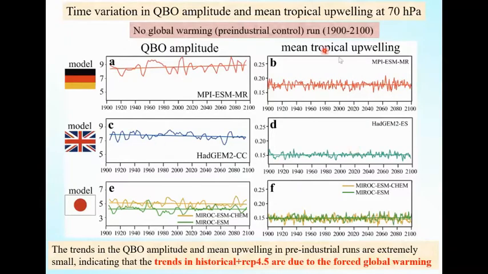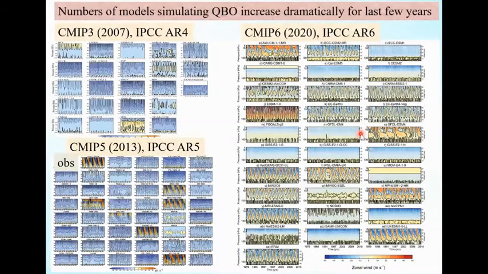So this is a paper from 2013, about 7 years ago. But the number of models simulating the QBO has increased dramatically over the last few years. For example, this is a time-height cross-section of equatorial zonal wind in CMIP3, 2007. These models were used to write the IPCC AR4 report, and this is CMIP5.